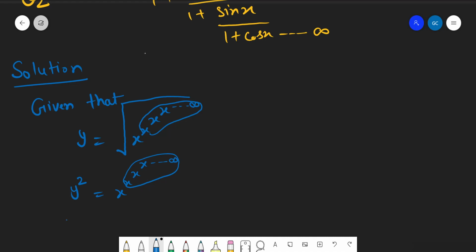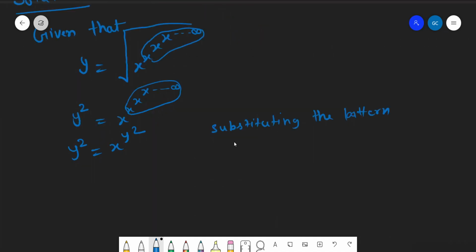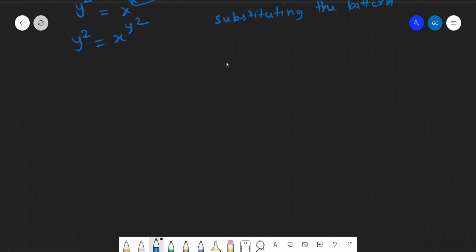So now we can write y square is equal to x to the power y square. Substituting the pattern, it becomes a very easy question.